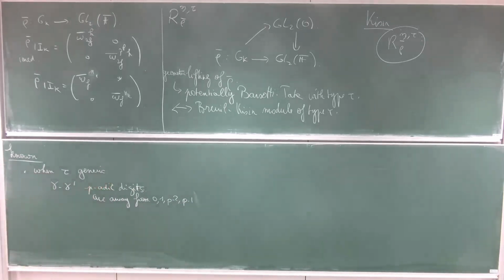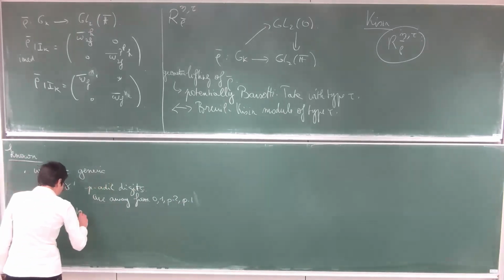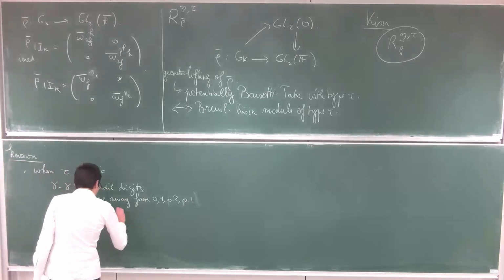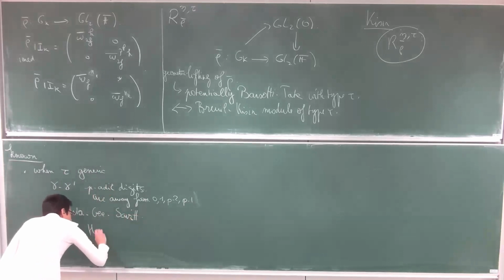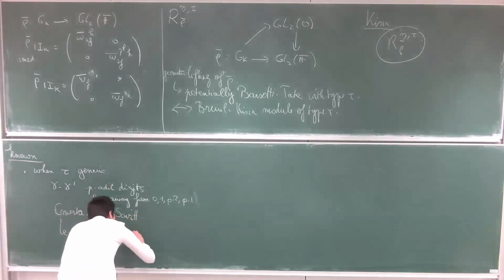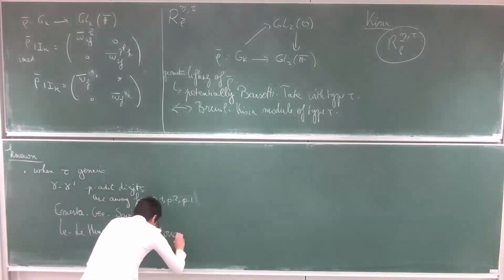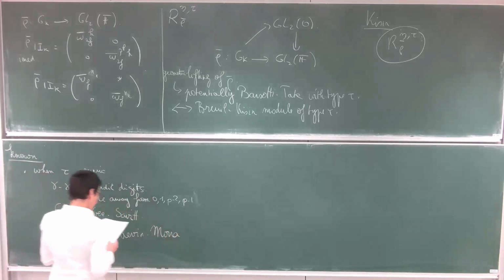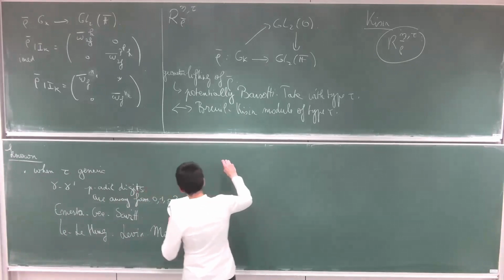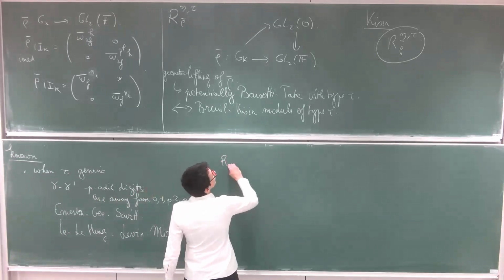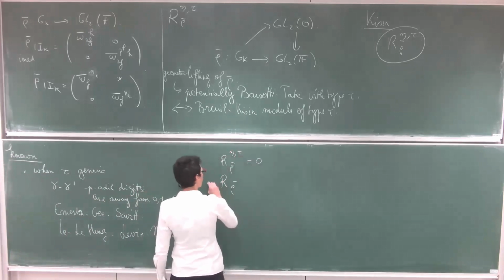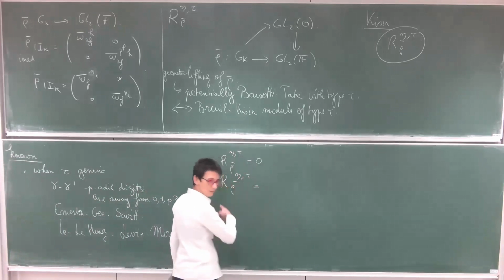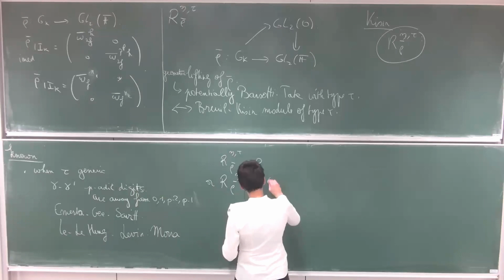But if you assume that you are away from this case, you have a very nice result from Emerton, Gee, and Savitt, and by Le, Le Hung, Levin, and Morra. From this work, we know that this deformation ring can be 0, and we know exactly when it is 0, or it has this form.